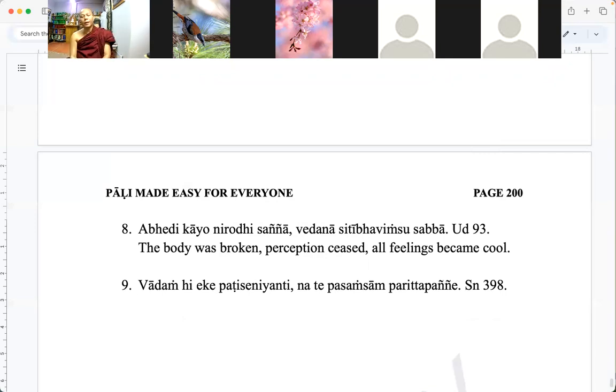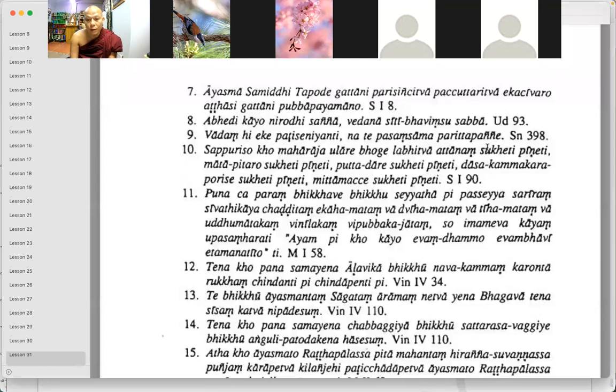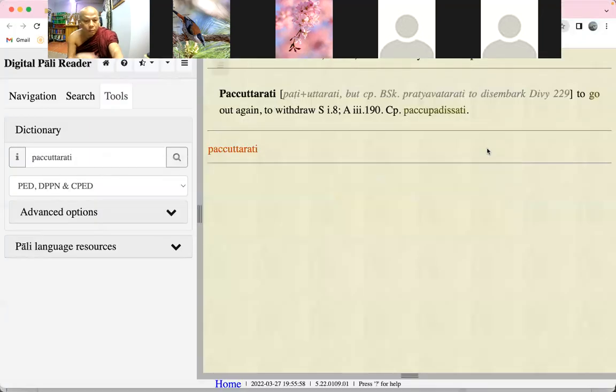So, Wadahi eke patiseniyanti. So, eke means some. So, patiseniyanti. So, here, patiseniyanti. Okay. So, that one is not included in the list of vocabulary.